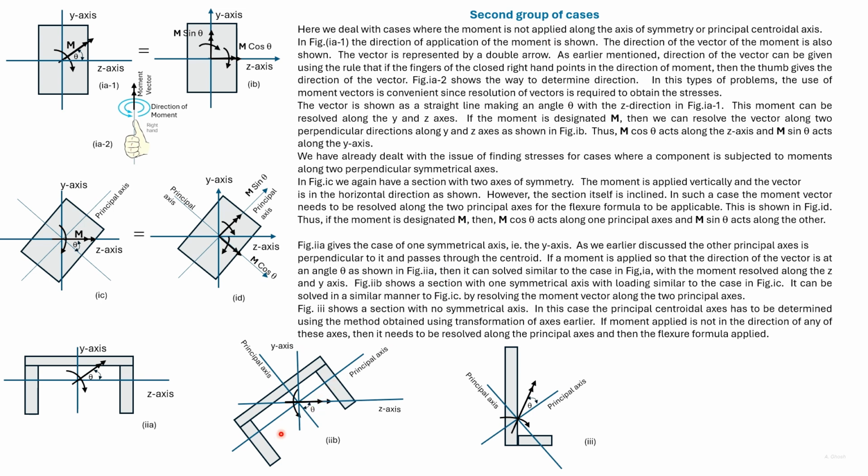Here, a case of the angle or the channel is shown, which is similar to this case. Here, the moment is applied so that the moment vector coincides with one of these y and z axes. But the y and z axes are different from the principal centroidal axes of the section.